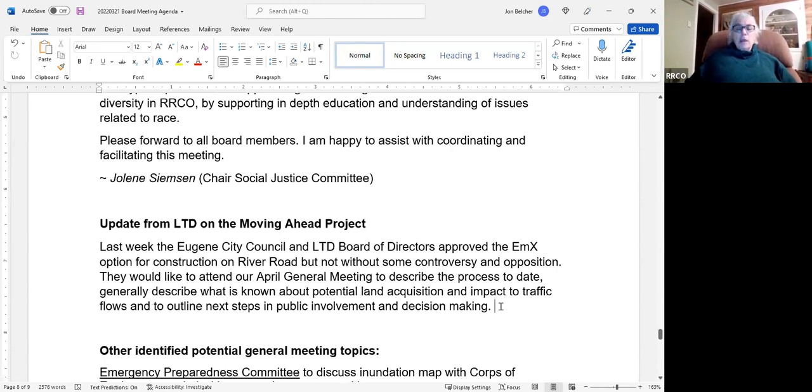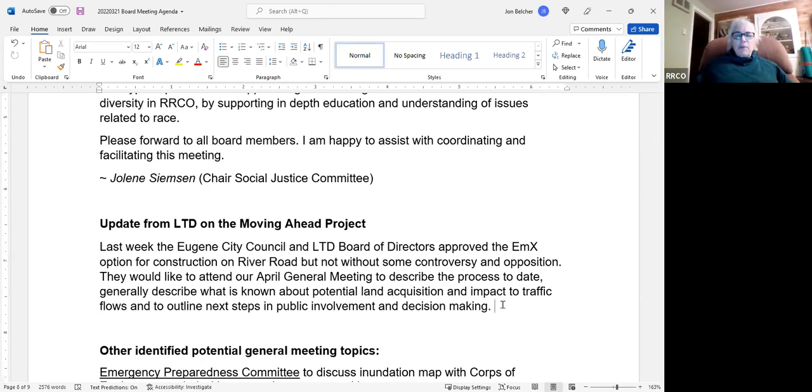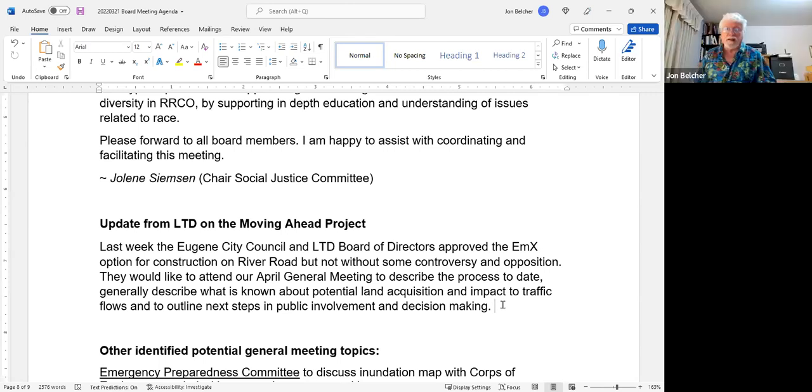And the other one is that there's a map of the flood zones that we've been given that we'd like to, John, what? I'm sorry, that isn't the second item, and I would add that the Social Justice Committee requested the first item.